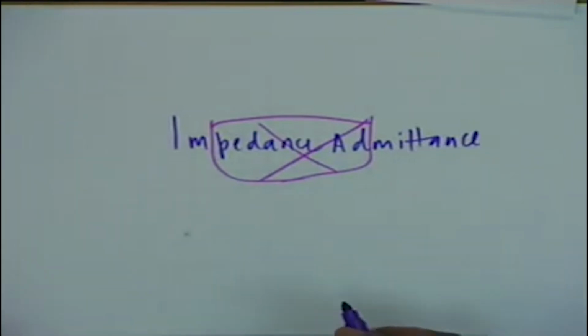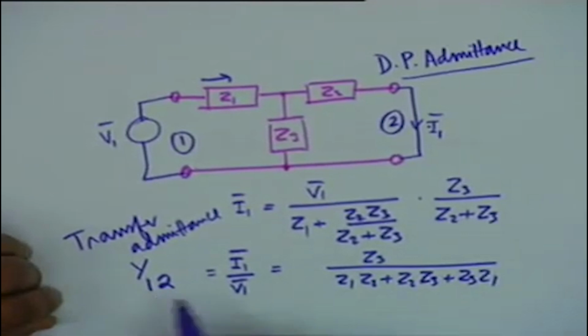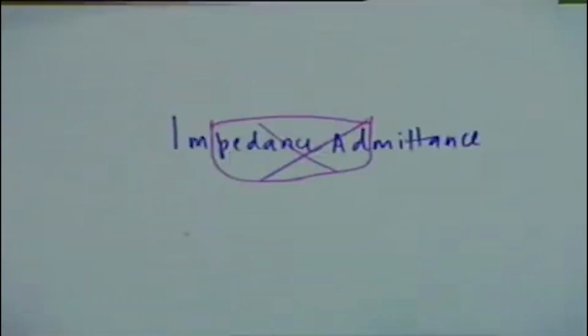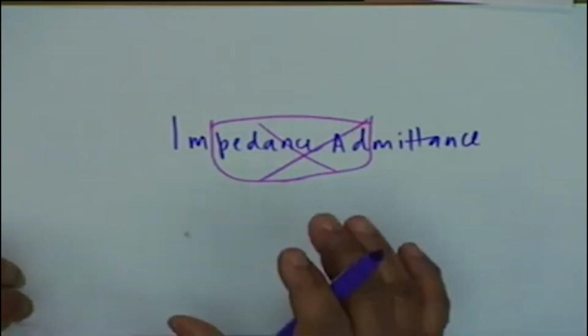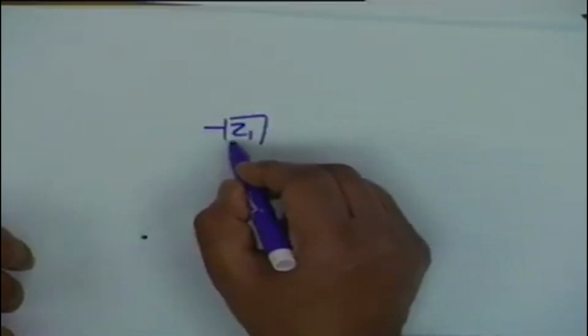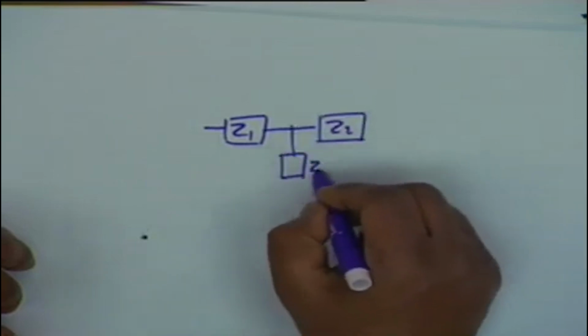Now let me go back to the circuit. I found out here that the transfer admittance is obtained as Z3 divided by Z1 Z2 plus Z2 Z3 plus Z3 Z1. Now let's interchange the excitation and the response ports. I have the same network Z1, Z2 and Z3.